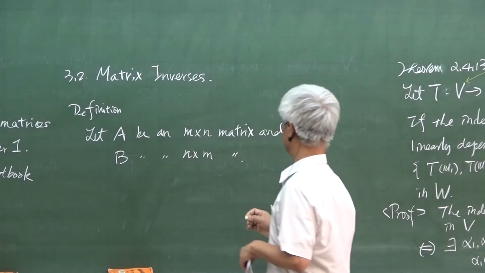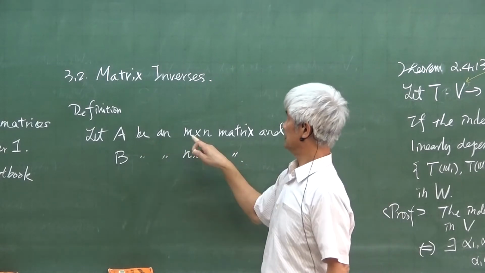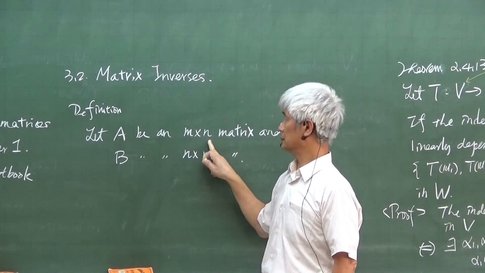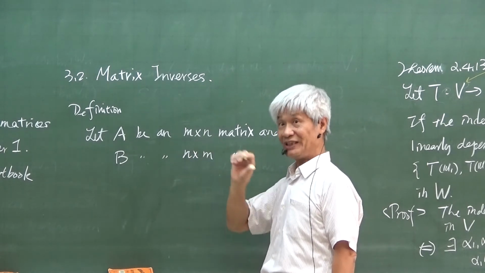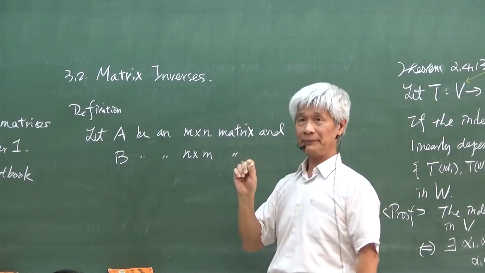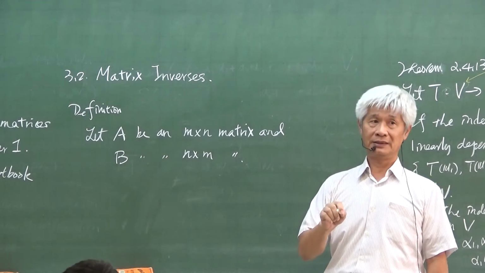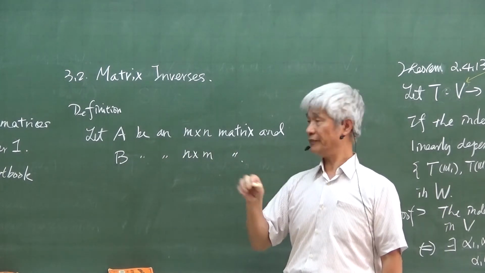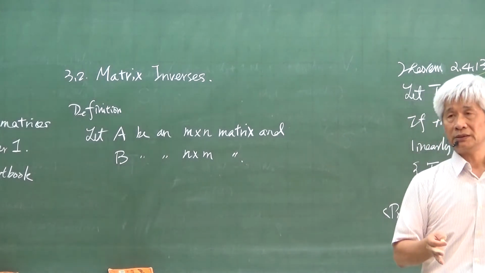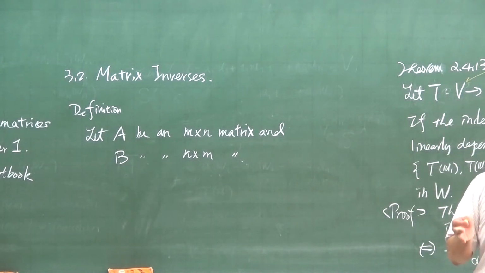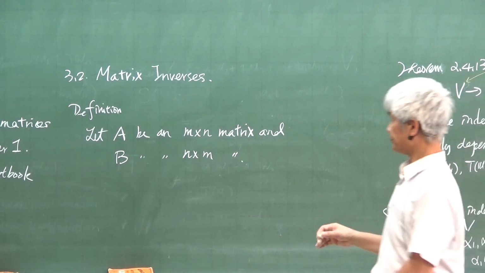Okay? So A is m times n, B is n times m. Different, in general, when n and m are different. So A and B, if n and m are different, then they are rectangular matrices, not square matrices.